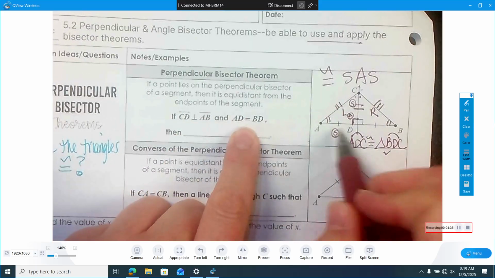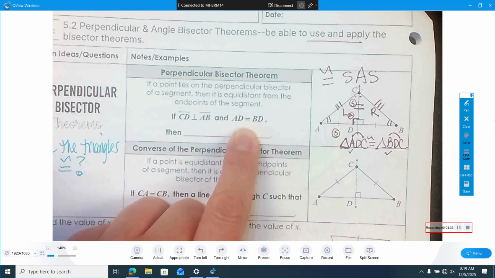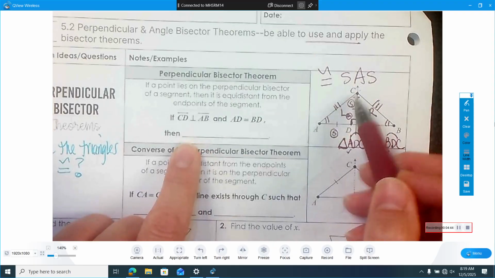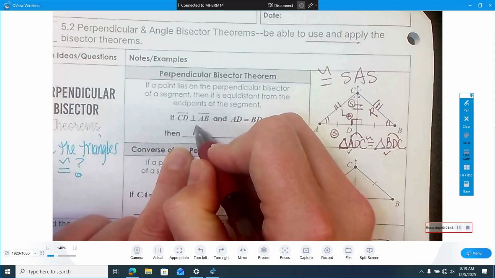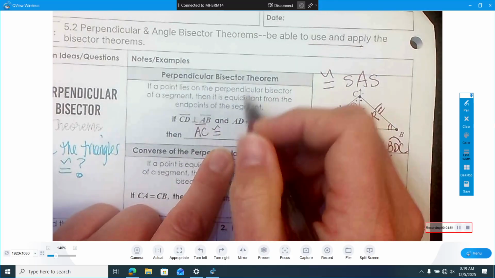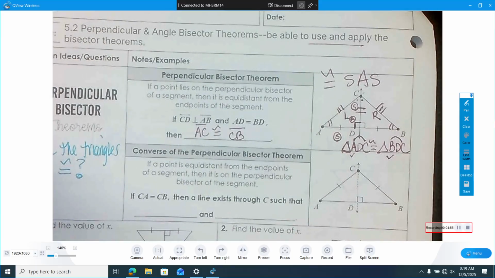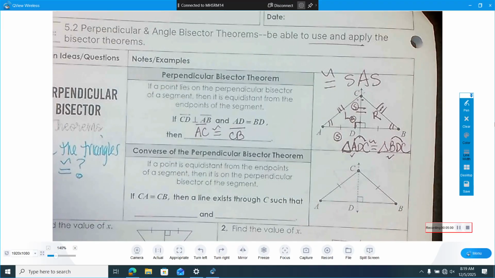And I have a pair of legs that are congruent, that's the AD and the BD side, then segment AC is congruent to segment CB. We already knew that. It had nothing really to do with being perpendicular. Does it help? Sure. But we can just say, I know those triangles are congruent. And so I know a whole lot of information, okay?